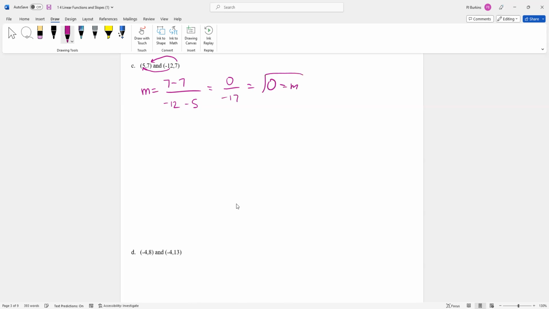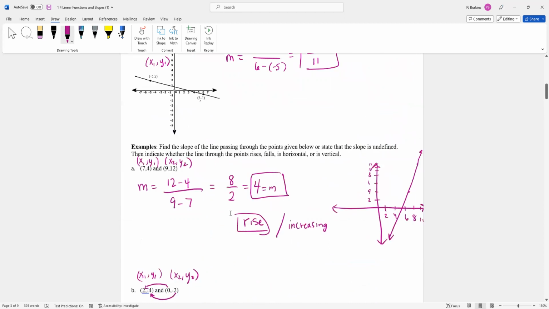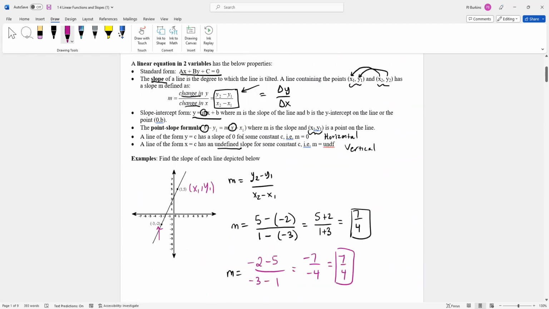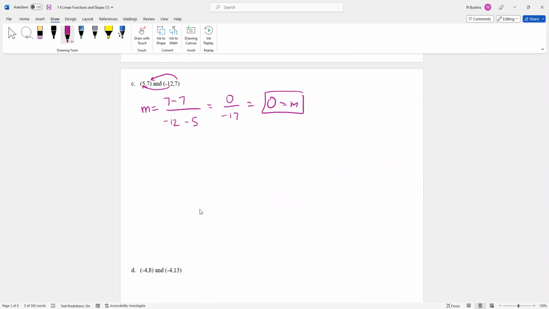So what does it mean to have a slope of 0? Well, if we quickly scroll back up, right, it tells us slope of 0 means that we have a y equals a constant equation, and it should be horizontal. So let's do a brief sketch. Let's see, I have to go to -12 for x.